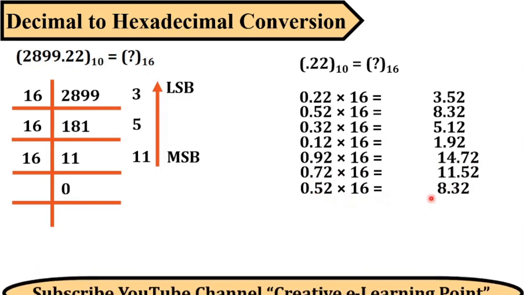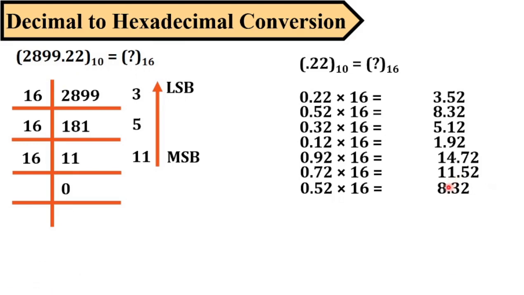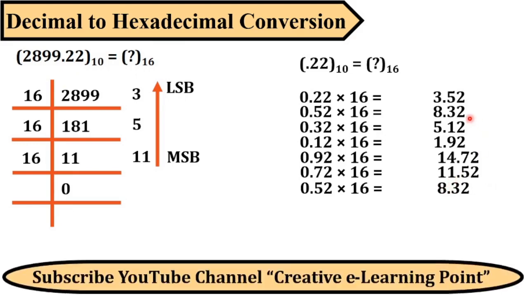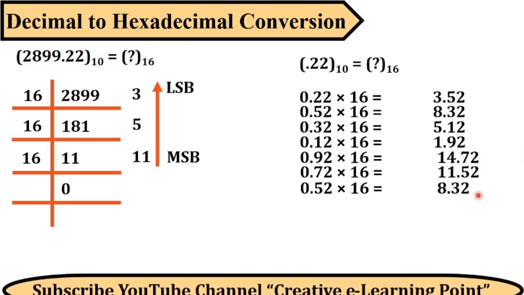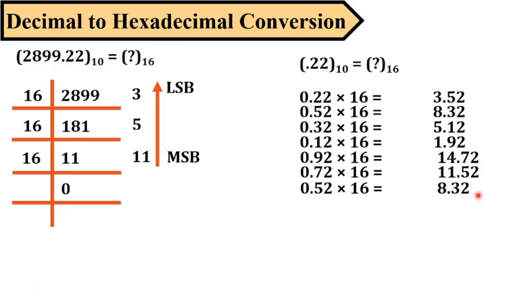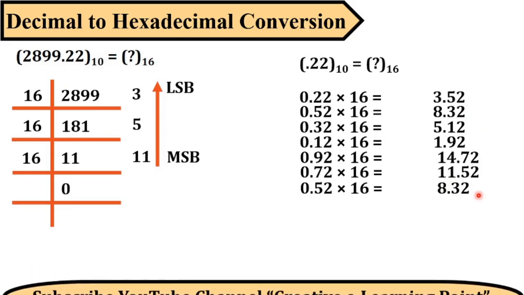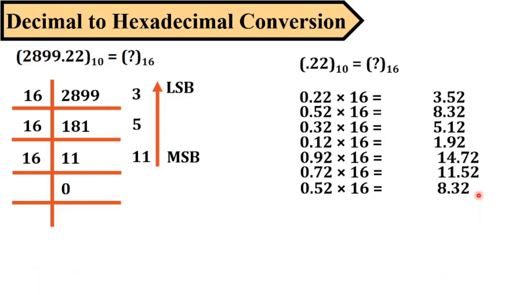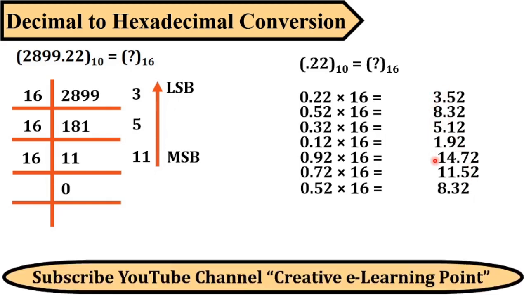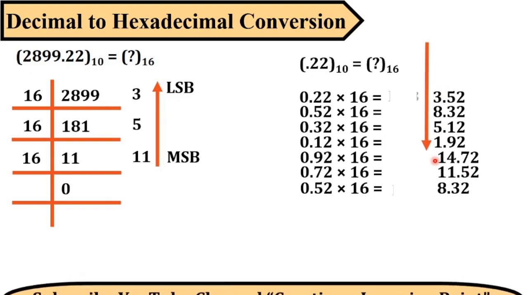0.52 into 16. Now as you can see, this 8.32 and this 8.32 will further repeat the same process, so we terminate the multiplication at this point and collect the integer parts from upward to downward.